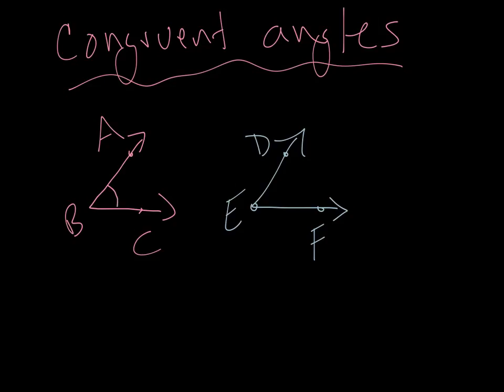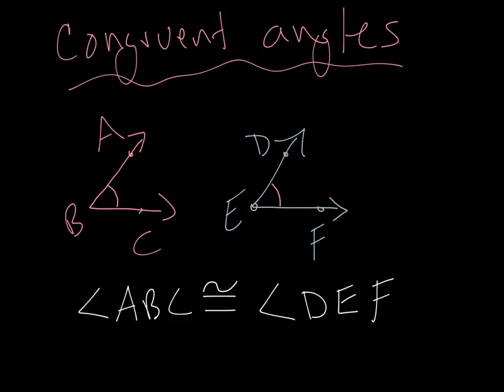This right here would be a congruent mark, so that tells the reader that they're both the same. So if you see those right there and right there, you know automatically that those 2 angles are the same. So angle ABC is congruent to angle DEF. The way we'd write that is angle ABC is congruent to angle DEF.